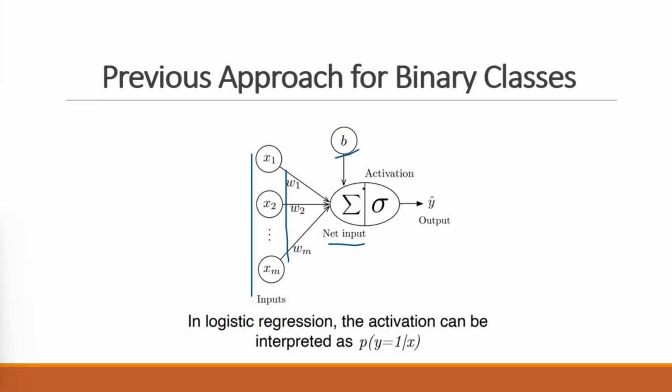Then we put the net input through a non-linear activation function, the logistic sigmoid function, which we have discussed before as well. What it represents is the probability that a training example belongs to class 1. If we wanted to compute the probability that it belongs to class 0, we would compute it as 1 minus the probability of class 1, right? This would give us the probability that it belongs to class 0.